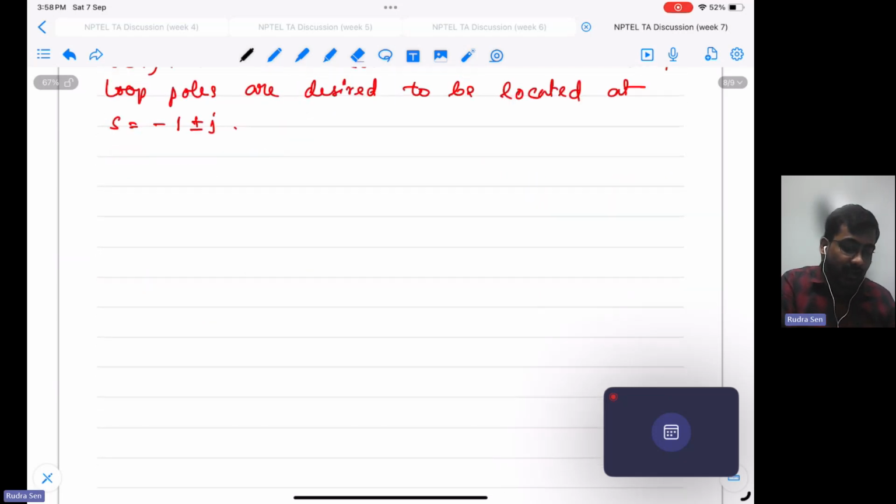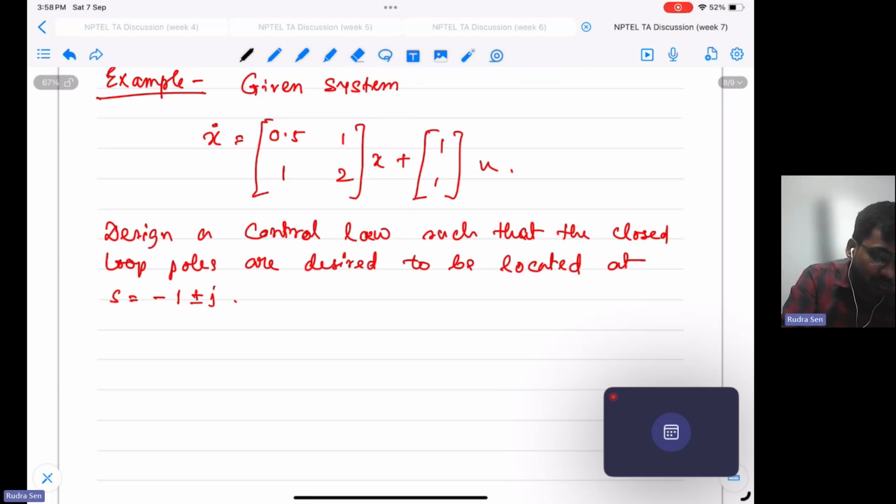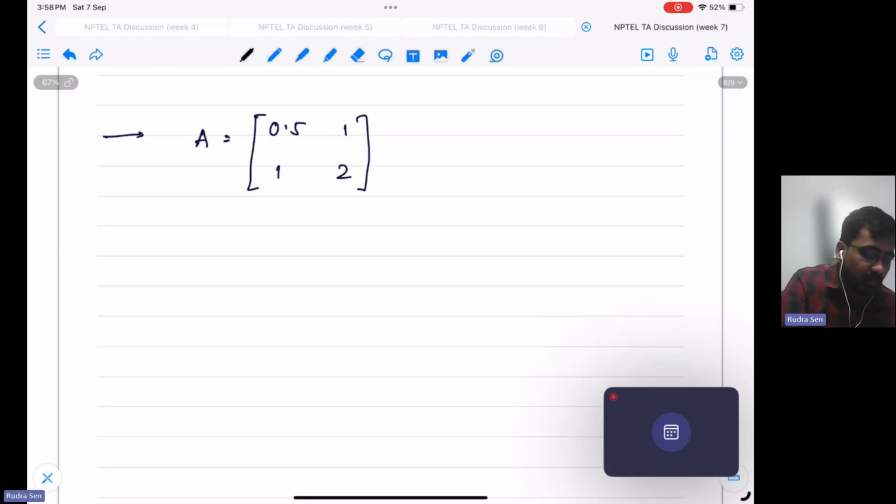For that, first I have to check where the system's eigenvalues are located. Poles mean eigenvalues, right? The system A is [0.5 1; 1 2], and for the eigenvalues, the determinant of (sI minus A) equals 0. Since I have already chosen the s term, I'm just using s here.